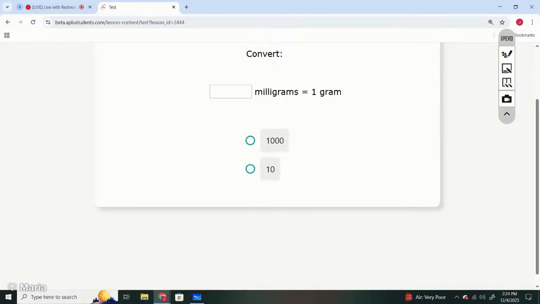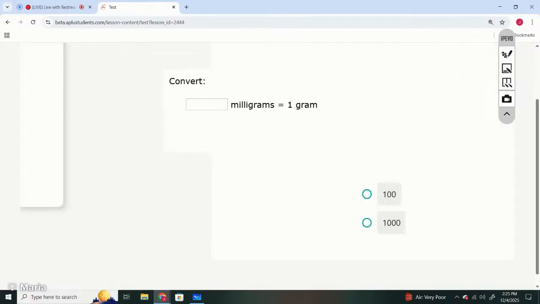One gram equals how many milligrams? One gram equals 1000 milligrams. Option number 1 is the correct option.